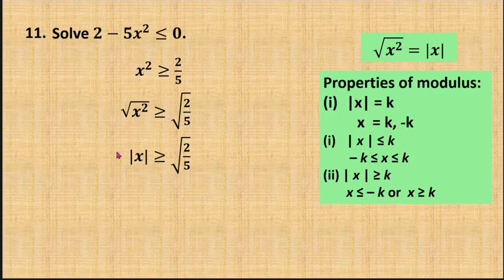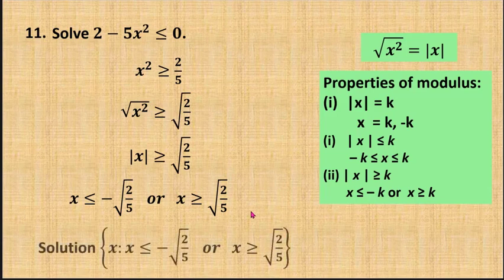So for this question, when the modulus of x is greater than or equal to square root of 2 over 5, the range of values of x is x less than or equal to negative square root of 2 over 5 or x greater than or equal to square root of 2 over 5. So finally, the answer is written in set notation.